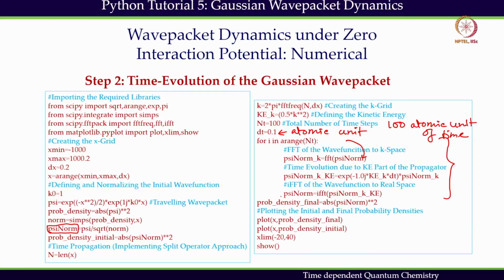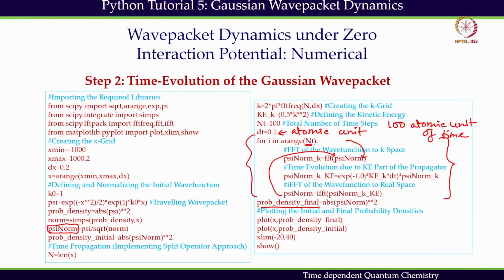But then this psi norm will be updated, and that's why we have kept the same name, and it will keep iterating until the 100 steps are over. The moment the 100 steps are over, I get the probability density as the final probability density. So this is the major step. One can take a look at this part. This is the time propagation part, how we are doing this time propagation.